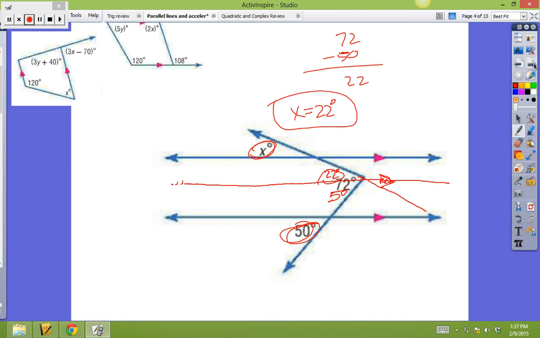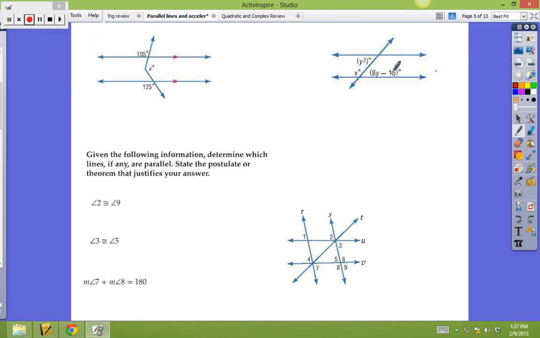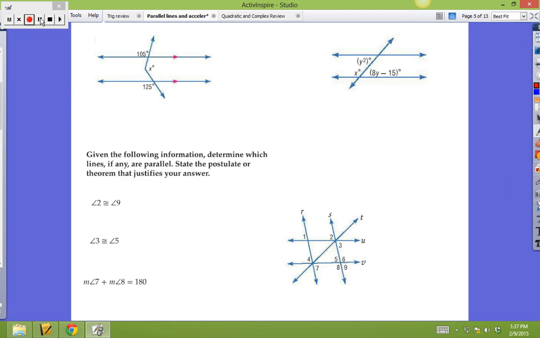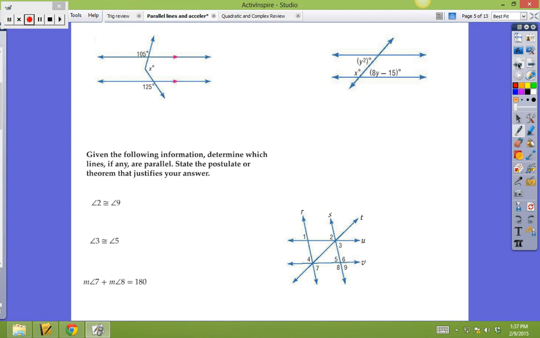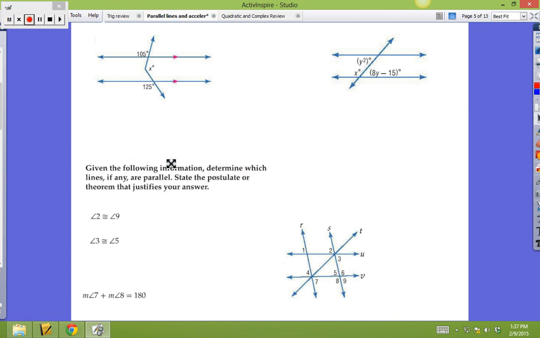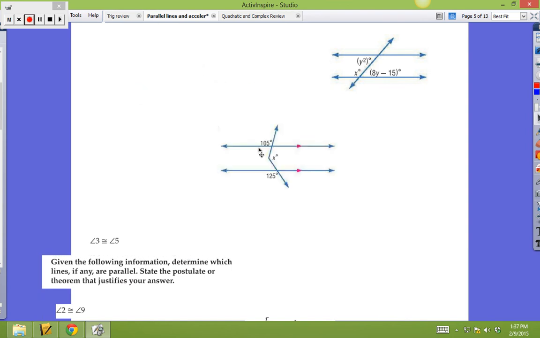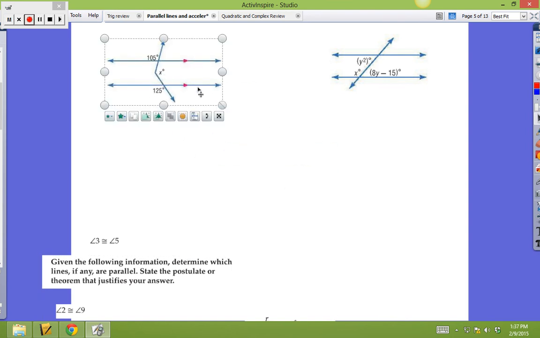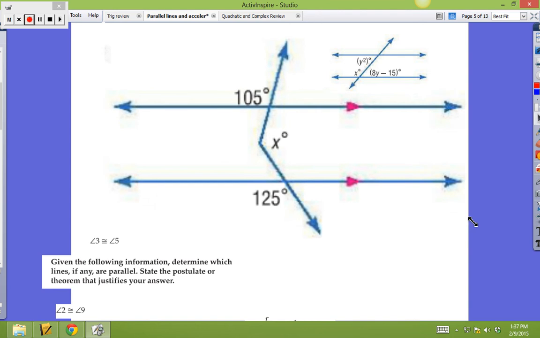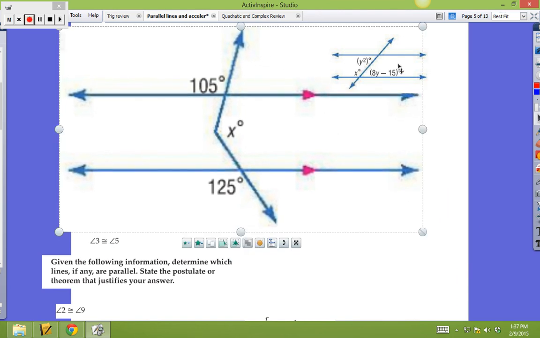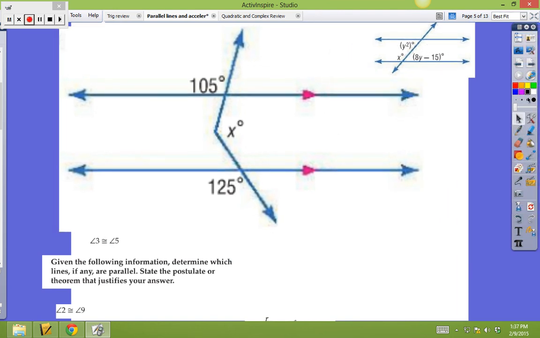Okay, now another way to solve it is by using a triangle. Okay, let me blow this up again. Okay, in a triangle there's 180 degrees. So here's how you do it with the triangle.